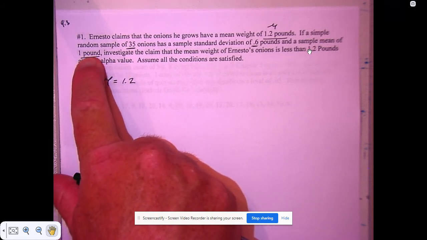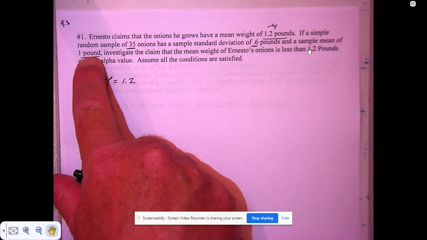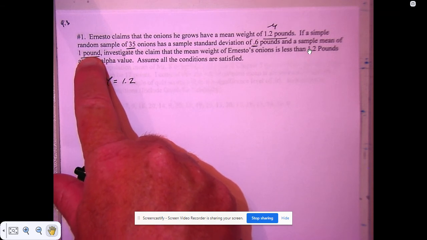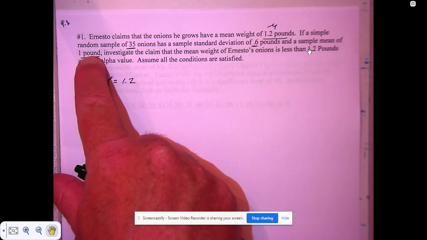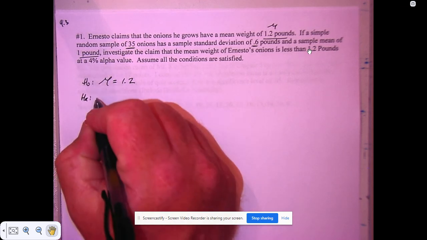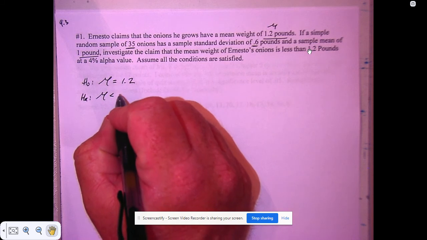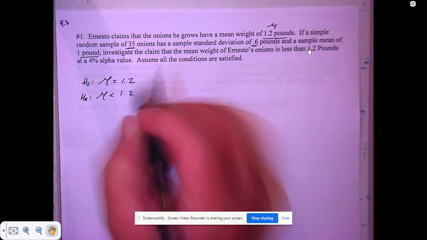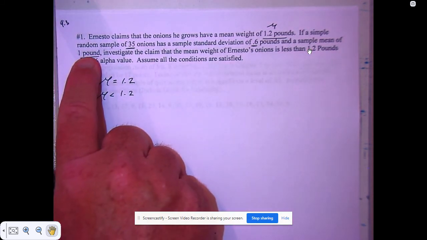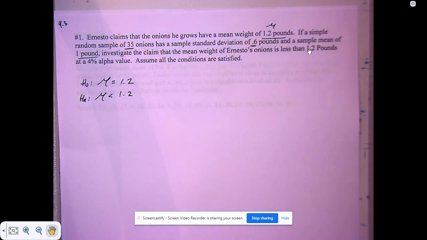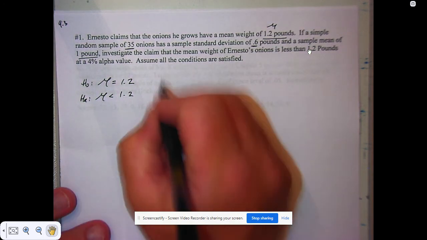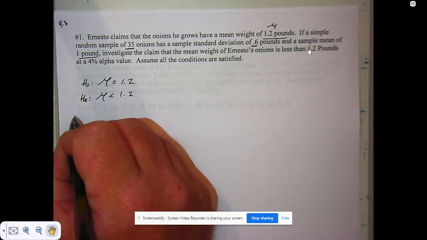So we have some evidence, not convincing, we have to figure out if it's convincing or not, but we have some evidence that maybe the mean is really less than 1.2 pounds because we've got a sample statistic that says so. Okay, so our alternate hypothesis: mu is less than 1.2, and we have to tell what mu is.